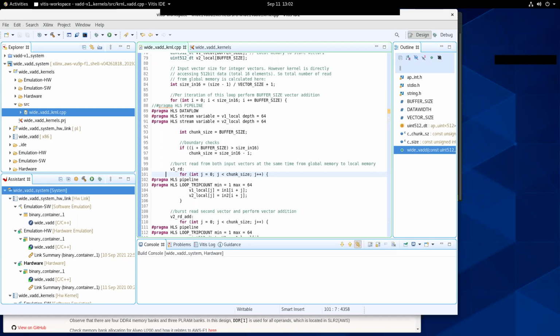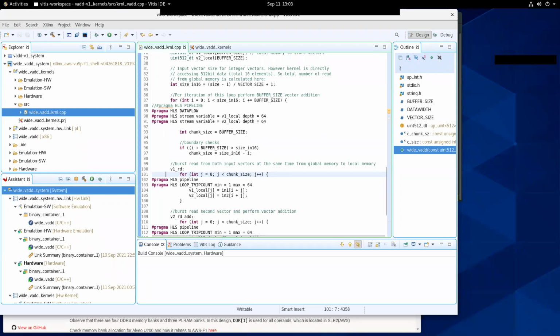If 256 is the chunk size, in a single shot we are able to read 16 elements from the global memory. Then you save a lot on the latencies and on the number of times you have to go to the DDR memory and initiate a data transfer operation.